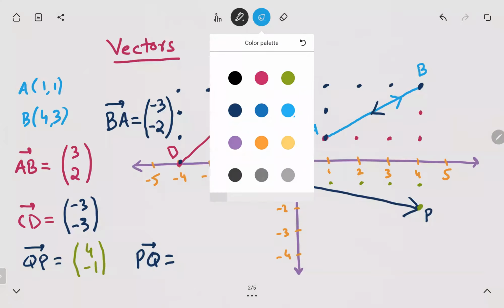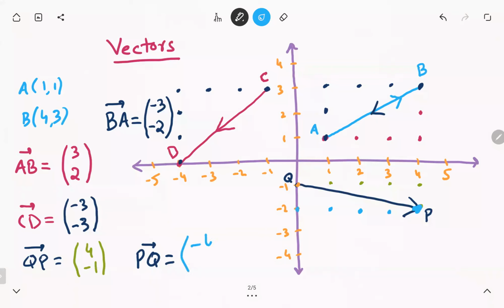So from P you have to go to Q, so here is P. From P you need to move 1 unit left, 2 units left, 3 units left, 4 units left. So 4 units left means -4, and then 1 unit up means +1.